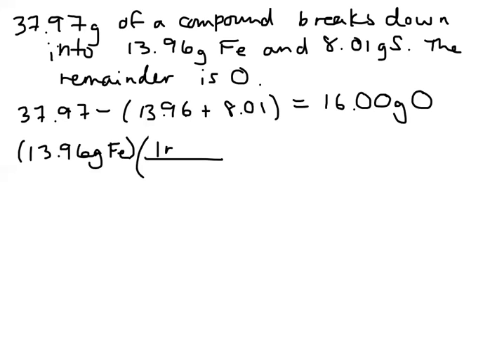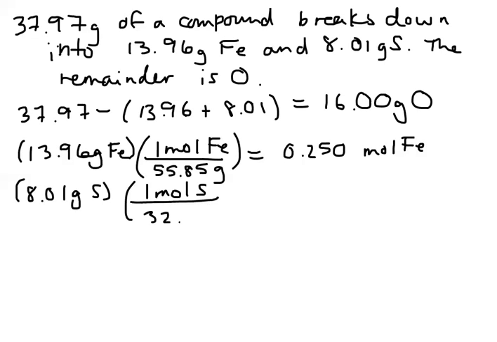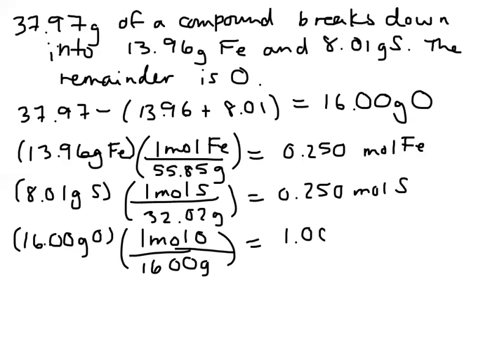For every 1 mole of iron, you get 55.85 grams, which means that you have 0.250 moles of iron. 8.01 grams of sulfur gives you also 0.250 moles of S. And finally, 16.00 grams of oxygen happens to be the molar mass of oxygen, so that's going to give you 1.00 moles.